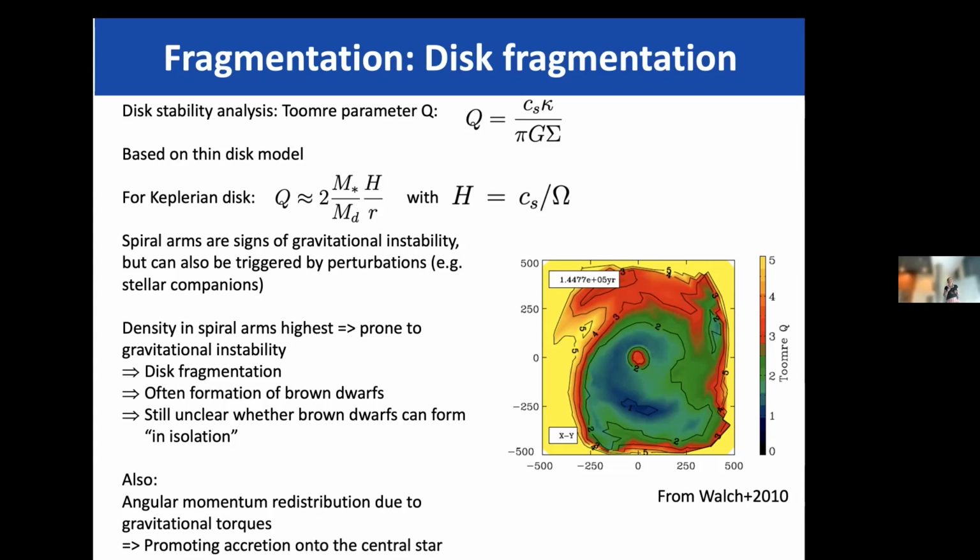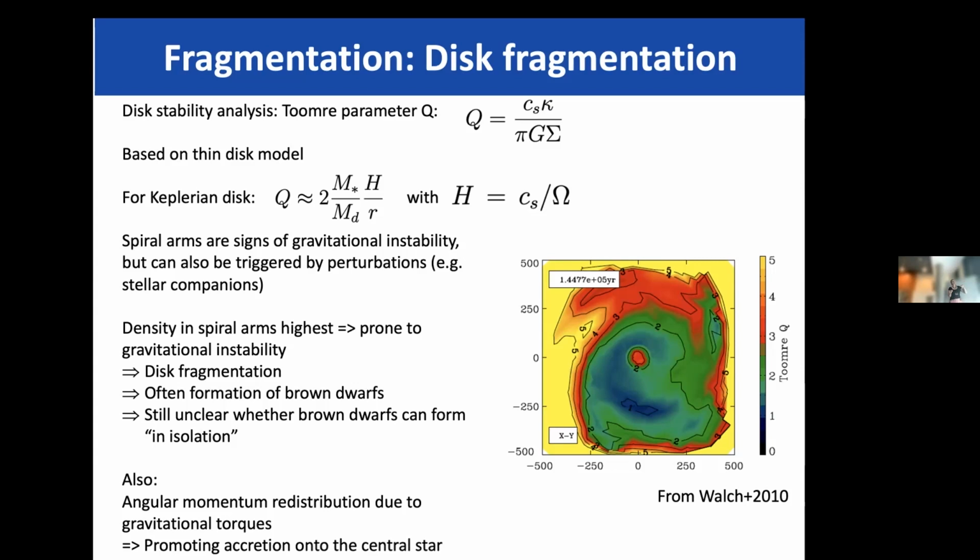The model just assumes that your disk is thin. Okay, so your disk should be infinitesimally thin, and the disk becomes unstable when Q is smaller than 1. For Keplerian disks, you can actually rewrite Q as the mass of the star divided by the mass of the disk, times the scale height of the disk divided by the radius.